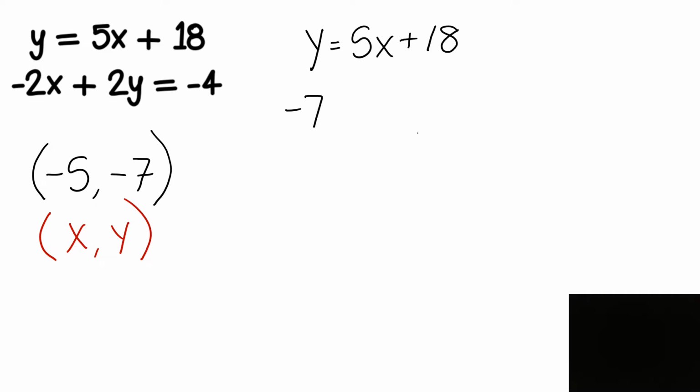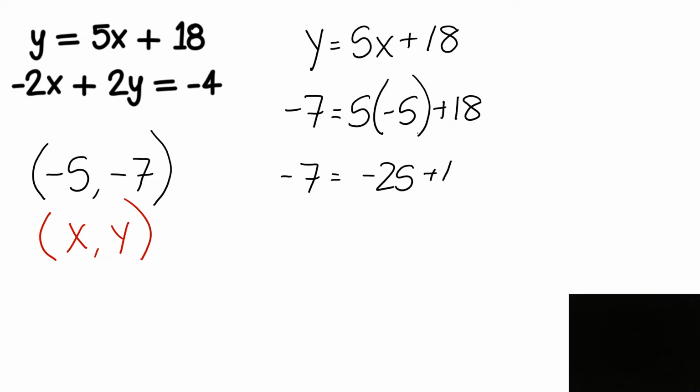My y value is negative 7, followed by my 5x value, which is negative 5, plus 18 at the back. We start by multiplying 5 and negative 5 to get negative 25. Plus 18 gives us an answer of negative 7. Both sides match, so that answer is correct.